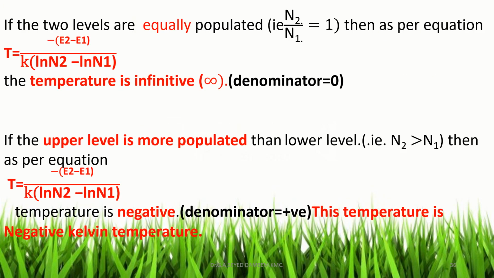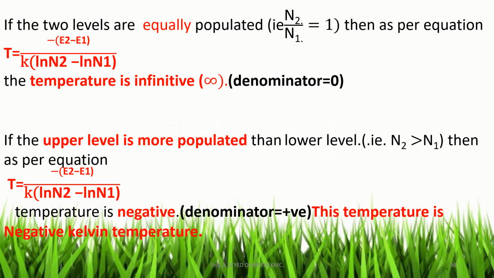If the two levels are equally populated, that is N1 is equal to N2, in other words N2 by N1 is equal to 1, then as per the equation T is equal to minus (E2 minus E1) divided by k (ln N2 minus ln N1). The temperature is infinite because the denominator value is 0, and anything divided by 0 is infinite. So if the two levels are equally populated, then the temperature is infinite.